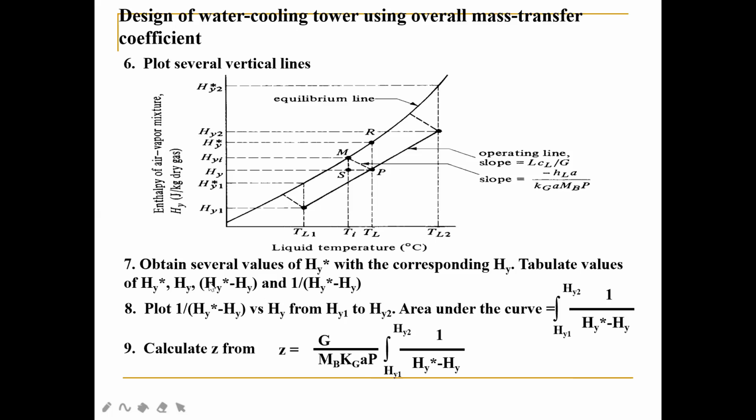Then finally you put it into the equation using the overall mass transfer coefficient, and you will get your Z. I don't think that's very difficult, right? I hope you can all understand.